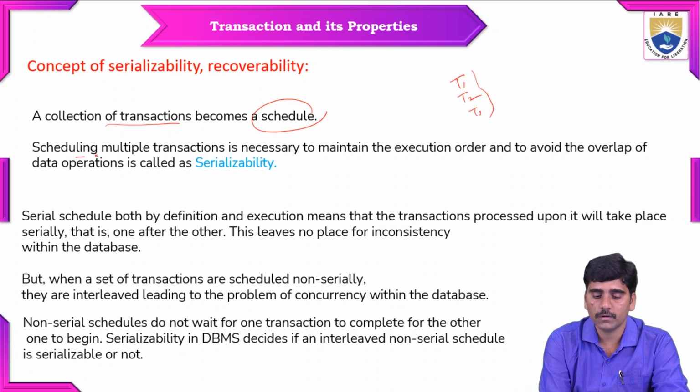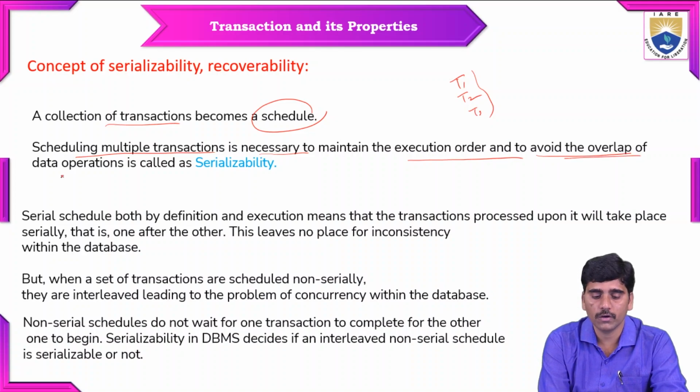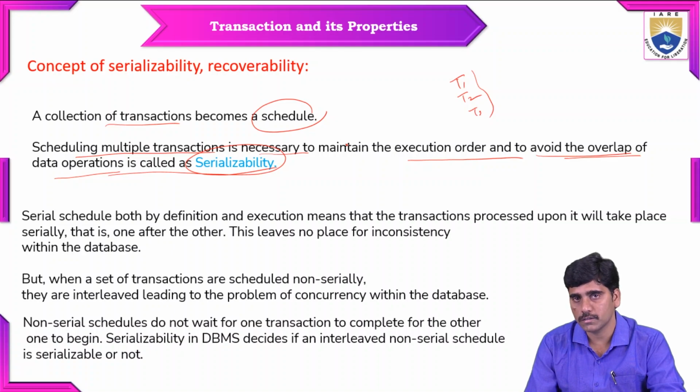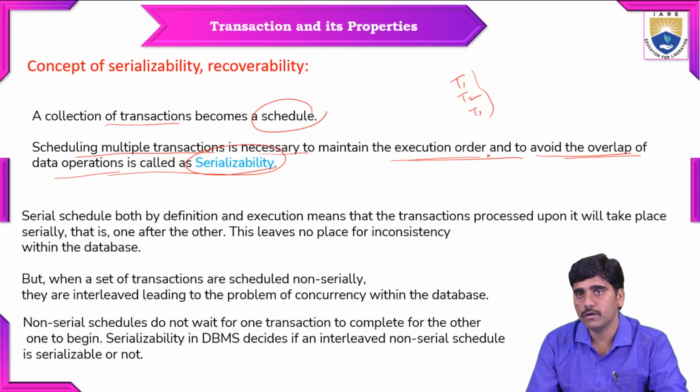Scheduling multiple transactions is necessary to maintain the execution order and to avoid overlap of data operations, and this is called serializability. For example, the withdrawal transaction is at one time, the deposit at another, and the balance check at another. We need to serialize the transactions.